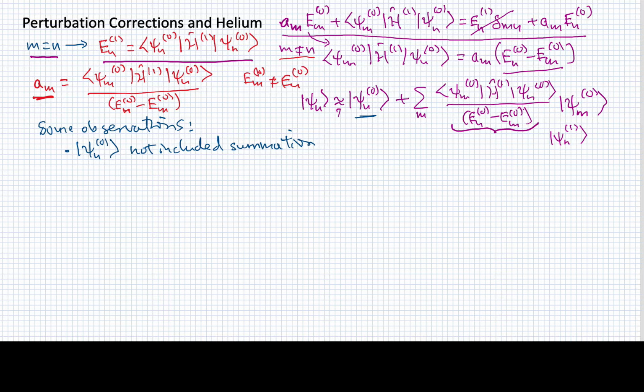So one way to think of this is that the corrected wave function can only be a correction if it's adding things that are not already part of the zeroth order wave function. So these are all those other parts. They're all the other functions that belong to the full set of eigenstates of the zeroth order Hamiltonian. So in principle, this does not affect the accuracy of the perturbation theory.